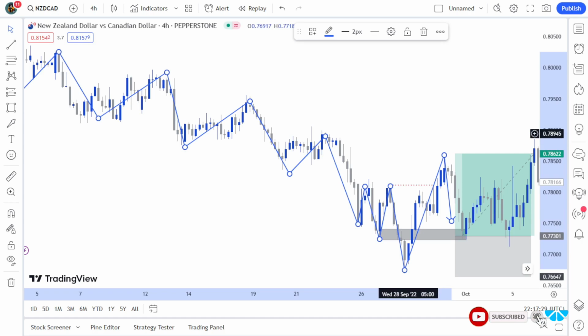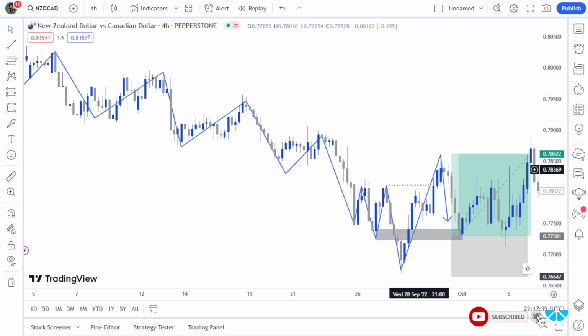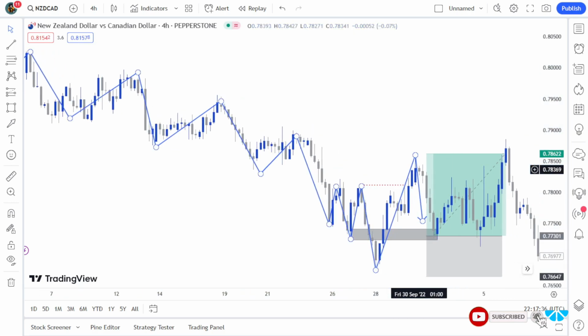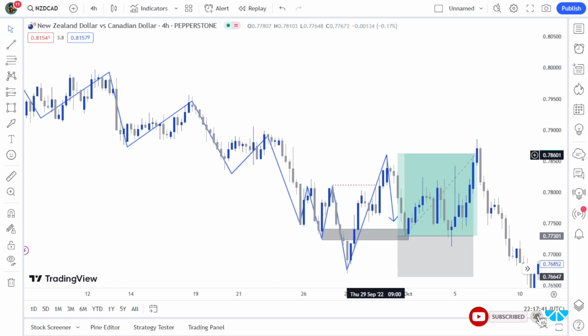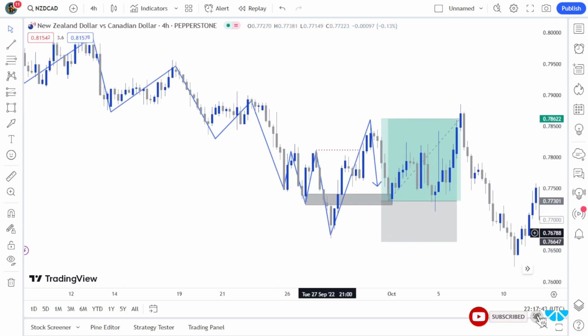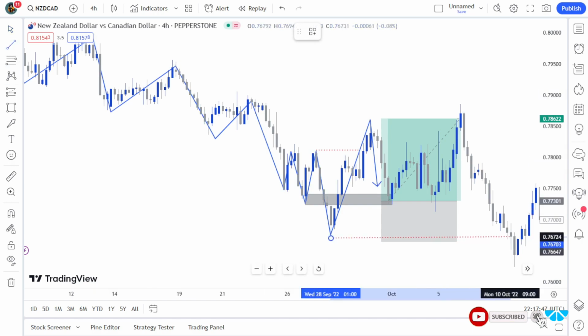Another thing I want to highlight is that there are times that price might not eventually change direction fully. As you can see in this case, price broke this structure and it didn't go higher.